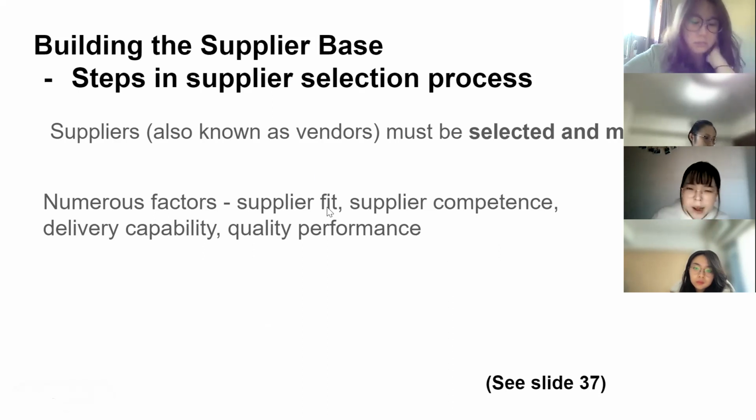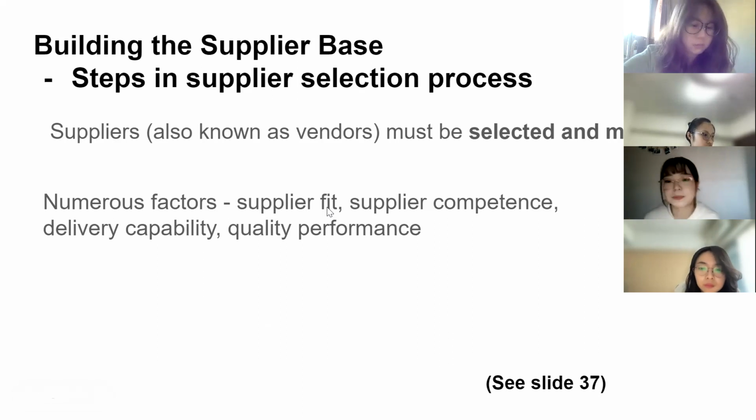Supplier fit with the philosophy. For example, Toyota requires that you have the Toyota production system, TPS. Understand? Okay, we will talk about TPS later, lean.